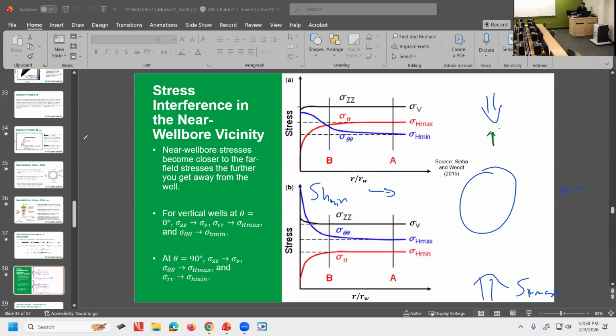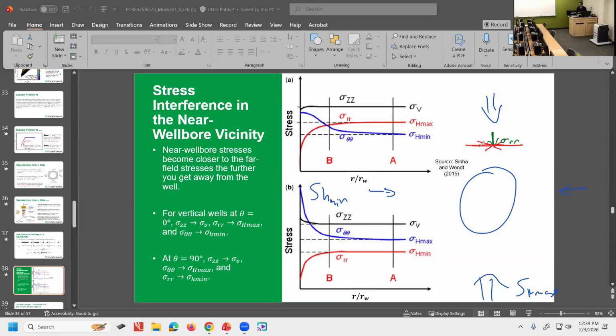The direction is going to be this way, but it doesn't make much of a difference. The tangential stress is compressive in that case, but I care more about the orientation in space right now than the arrow.